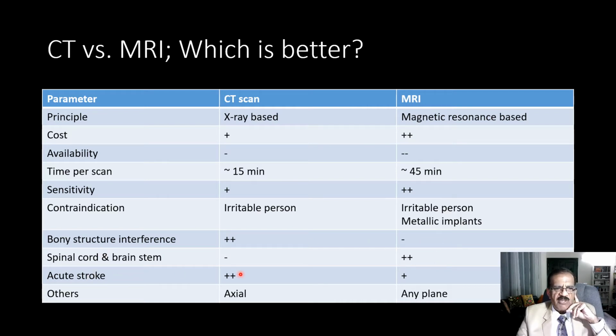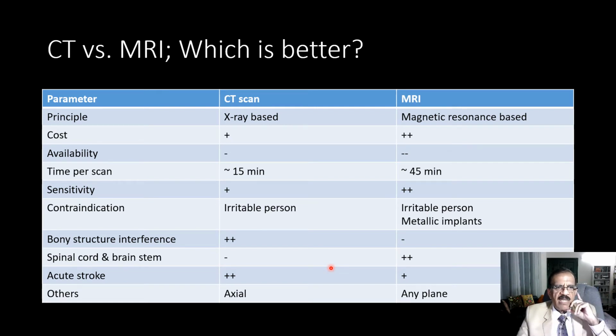Spinal cord and brain stem, MRI gives you much better image. Acute stroke. Now acute stroke is very common, perhaps the commonest brain emergency, and you want a quicker diagnosis and you want to go for a test which is also available.